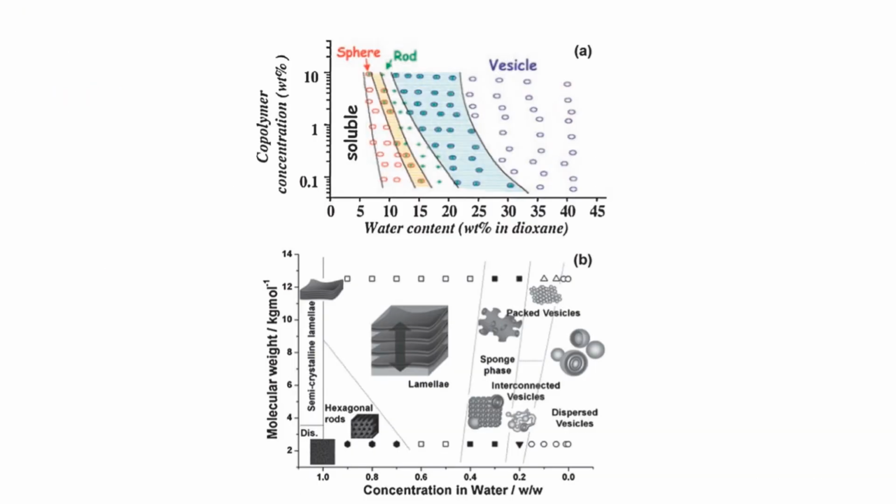We can see here from left to right, first in the first figure, upon increasing the ratio of water, we shift from the spherical micelles which are formed at the early stage to rods, then to vesicles. And we can get different intermediate polymorphs depending on the water content.